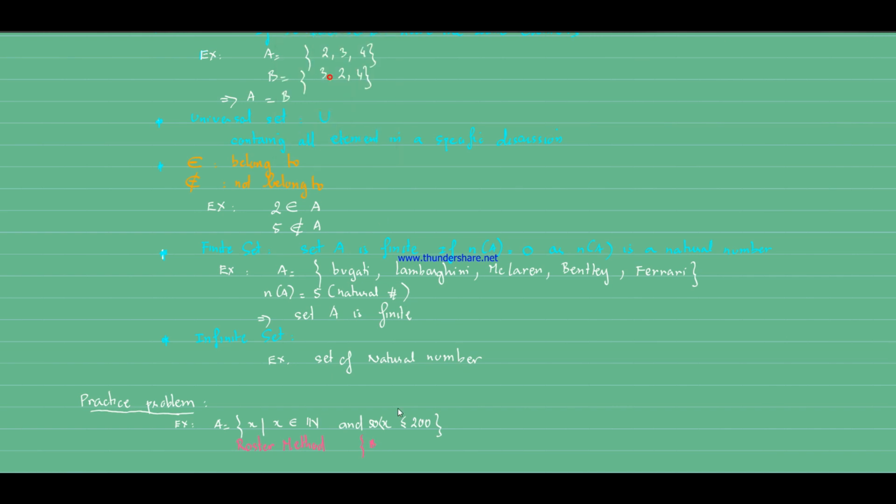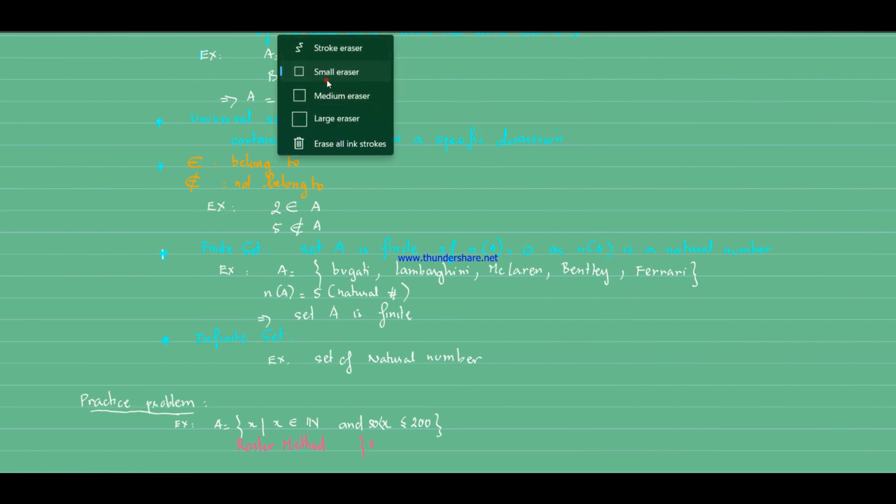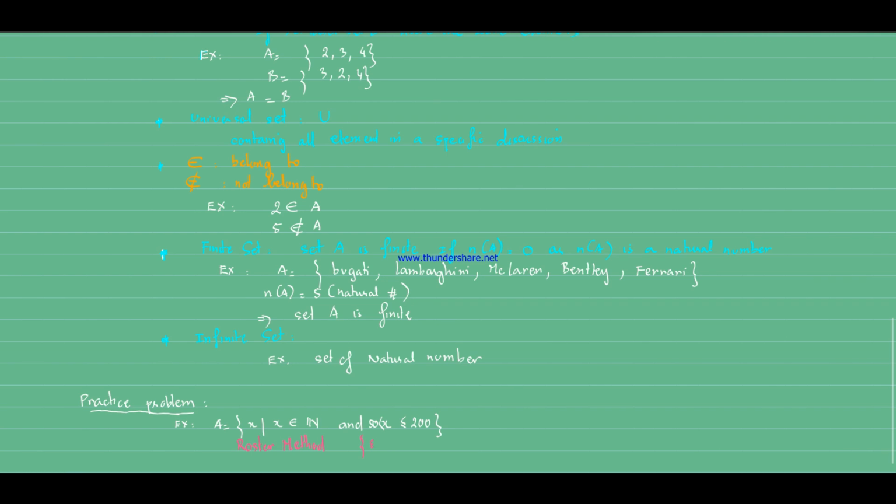So this is between 50 and 200, so it will be 51, 52, 53, and so on, then up to 200. There you go. This is called the roster method. Some textbooks have this name, so just in case you see that in your MyMathLab when you do homework.